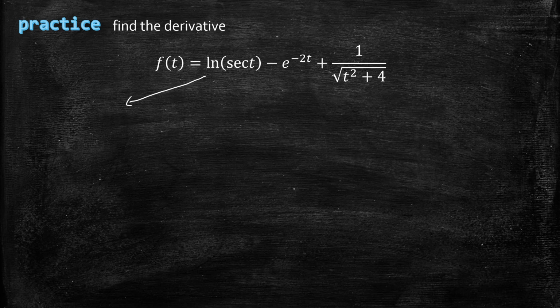So the outer function is ln, and the derivative of ln is 1 over. And the inner function is secant t, so I'm going to put 1 over, keep the inside function intact, and then multiply by the derivative of secant, which is secant t tan t.